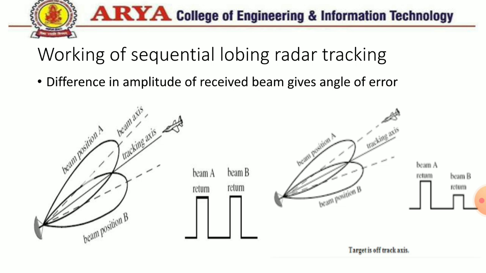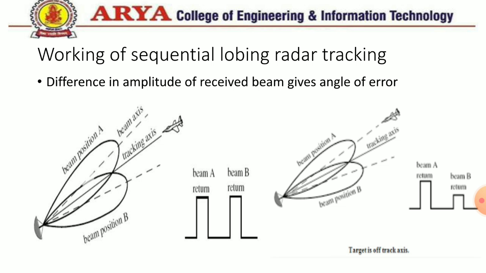Now let us consider the second case, so it will be clearer what exactly we do in sequential lobing. Now see figure number two, what happened here. Now the object is not exactly on the radar axis but somewhere else. This object is between beam axis A and the tracking axis.